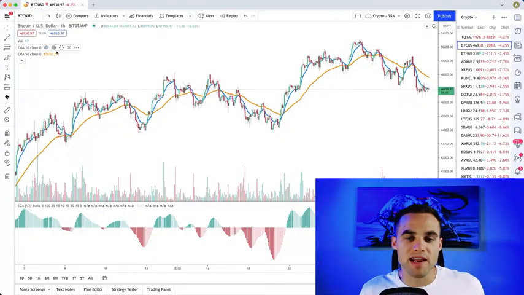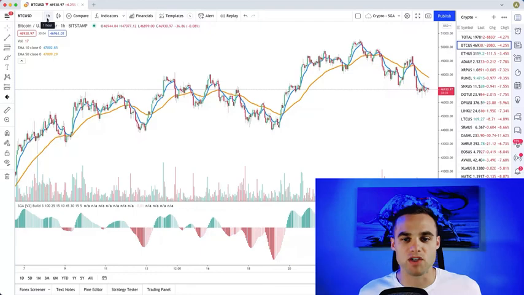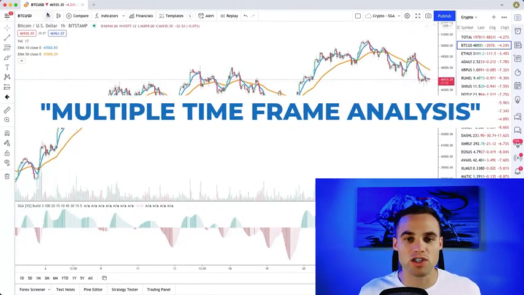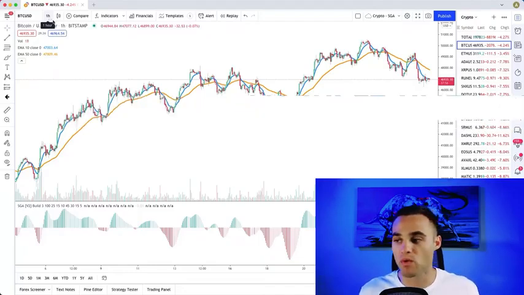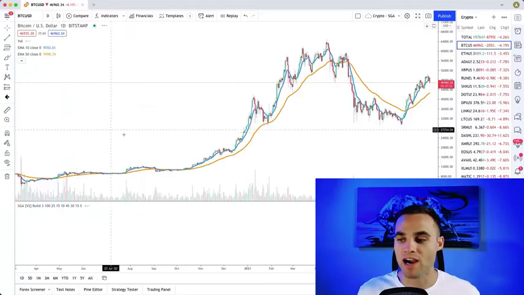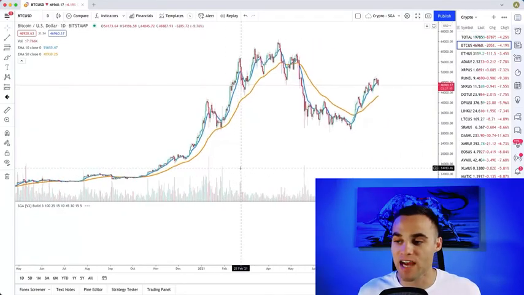Now, with that being said, also in regards to time frames, there's something called multiple time frame analysis, where you may want to use multiple time frames to get an idea of how you want to trade the market. So let's say that the time frame we really want to enter on is the hourly time frame, but we may want to come up to a higher time frame, either the 4-hour or the daily, to get an idea of what's actually happening with the trend.